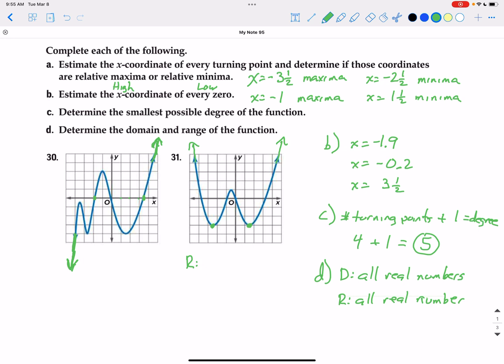Those look like they have y values of -3, and that's about -2.5, -3. But remember, the range is based upon the y values. So the range on 31 is going to be, since the rest of the graph is above that, y is greater than or equal to -3. So you would still do A, B, and C on that, but the range is a little bit different because it is increasing on both sides.